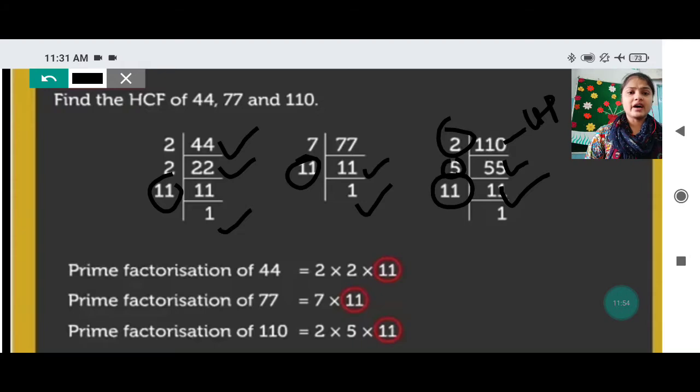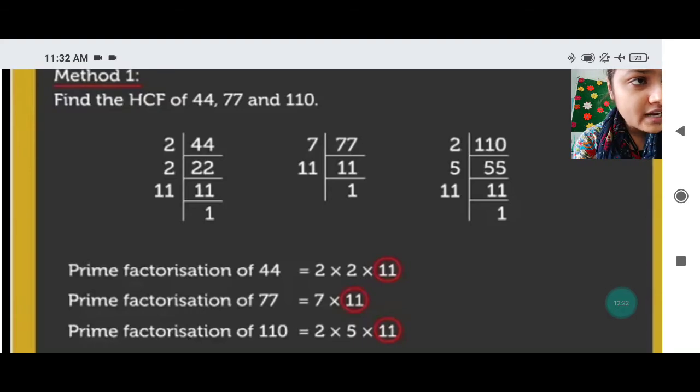After this, I will write all the prime factors of all the three numbers. Prime factors of 44 are 2 into 2 into 11. Prime factors of 77 are 7 into 11. Prime factors of 110 are 2 into 5 into 11. I have received all the prime factors. After that, I will choose the common prime factors.